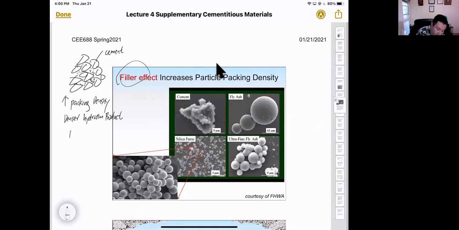That will in turn reduce the size of the pores, and also reduce the water requirement with a certain type of chemical admixture called superplasticizer. We're going to talk about that in detail in future lectures. And it also increases the strength of concrete.